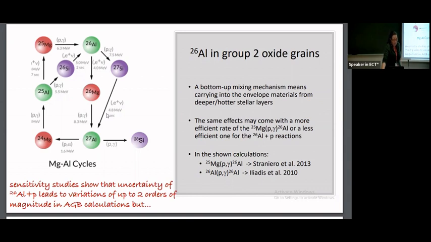In past literature it has been underlined several times that because of the uncertainty with which we know the aluminum-26 (p,gamma) reaction, that is the dominant channel, in principle the aluminum-26 amount synthesized by AGB stars can be modified up to 2 orders of magnitude.